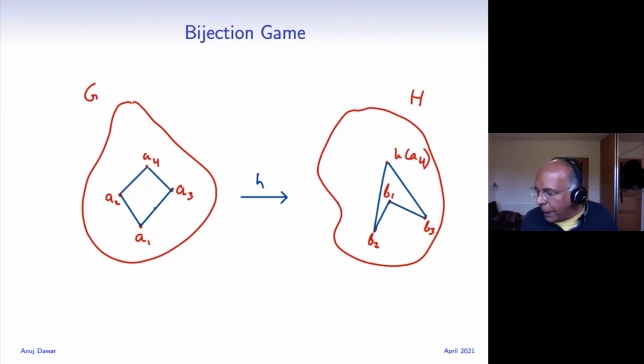So basically, duplicator's bijection h would have had to satisfy the condition that it preserves all adjacencies to A1, A2, A3, and B1, B2, B3, in such a way that the game can carry on for another move and another move and so on. But the point is that you can only have k vertices pebbled at a time. After k moves have been played, spoiler has to remove some pebble to carry on the game. Okay, that's the bijection game.